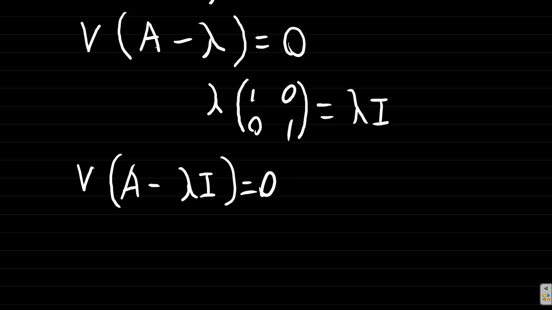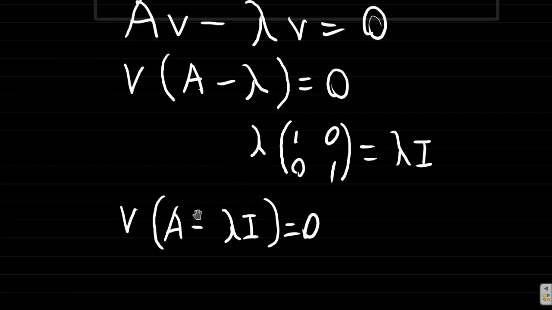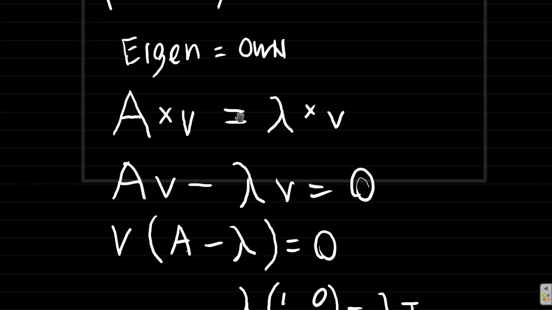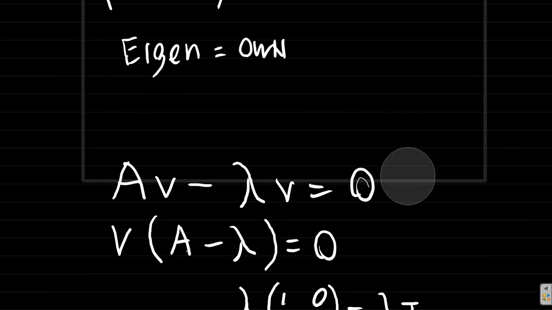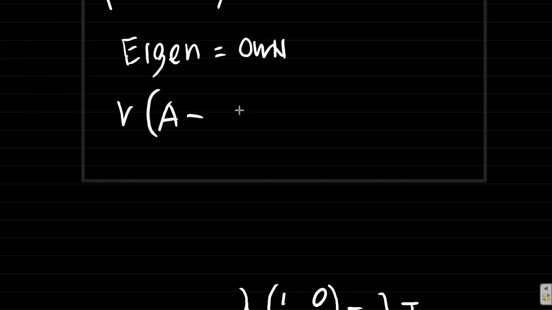Now, let us write this up top. V times the matrix minus lambda I equals 0.